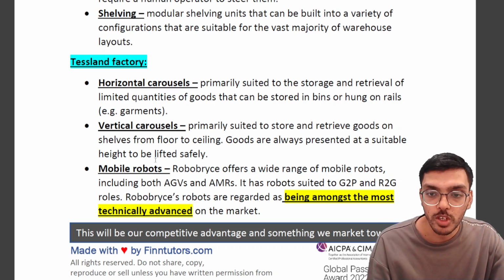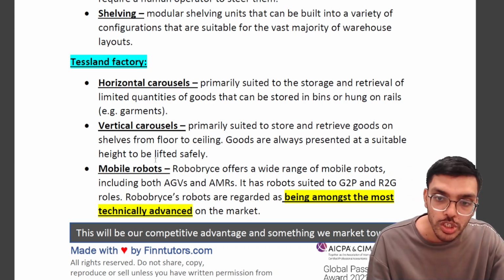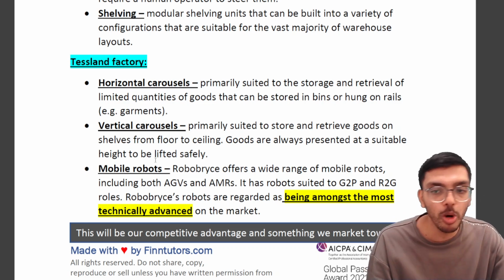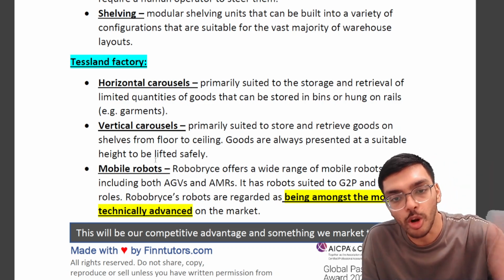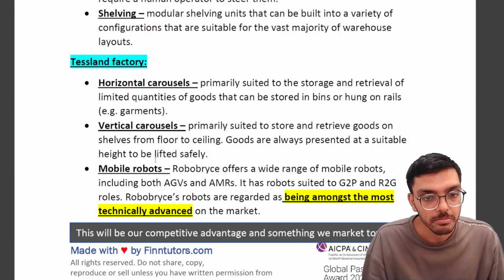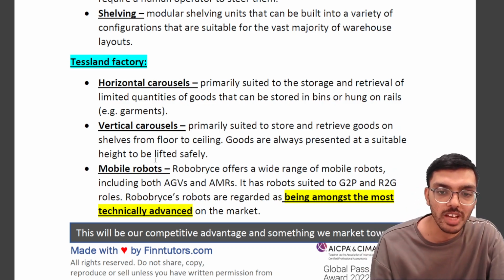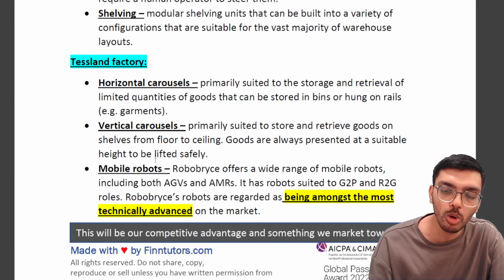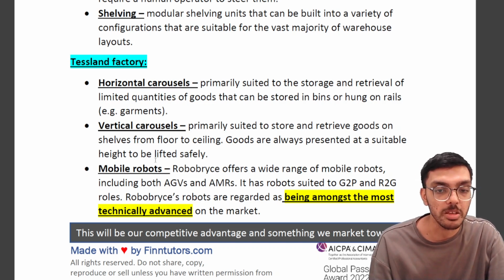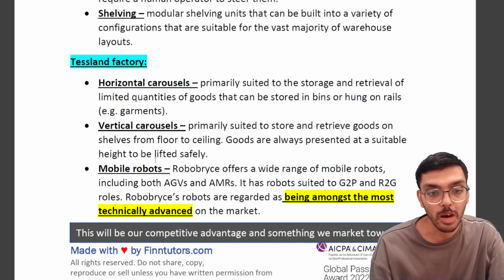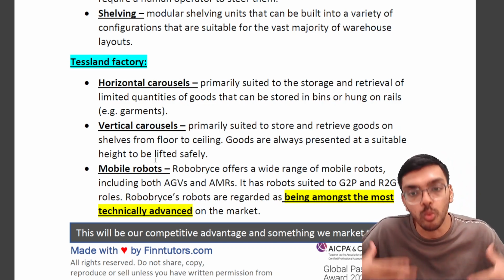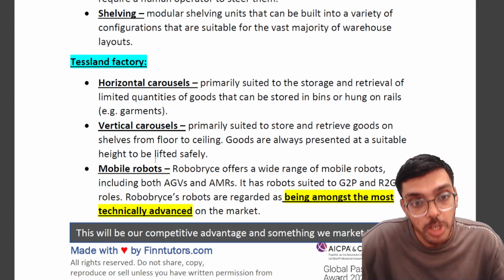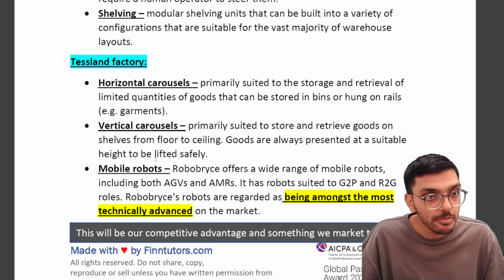It has robots suited to goods to picking and robots to goods roles. Whatever the role, the robot is available. Robobryce's robots are regarded as being amongst the most technologically advanced in the market. This will be our competitive advantage and something that we market or work towards. This can be your marketing strategy as well.